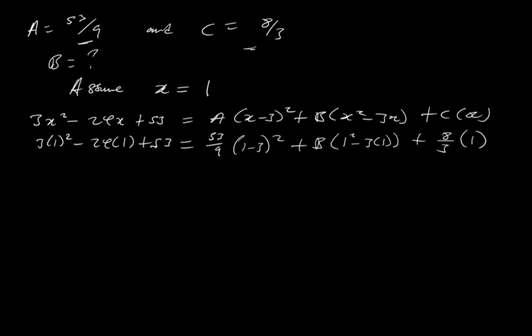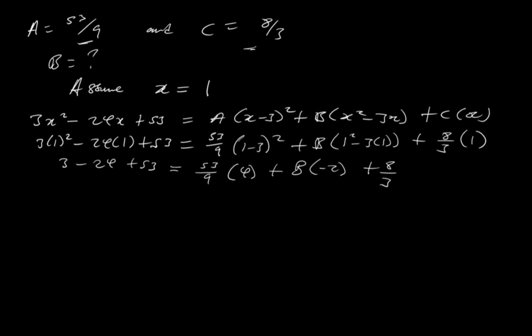So if we try and work it out, this will give us 3 minus 24 plus 53 is equal to 53 over 9 times, 1 minus 3 is negative 2 squared, that's a 4, plus b times, that's going to give you 1 minus 3, that's negative 2, plus 8 over 3. So you end up having this case.